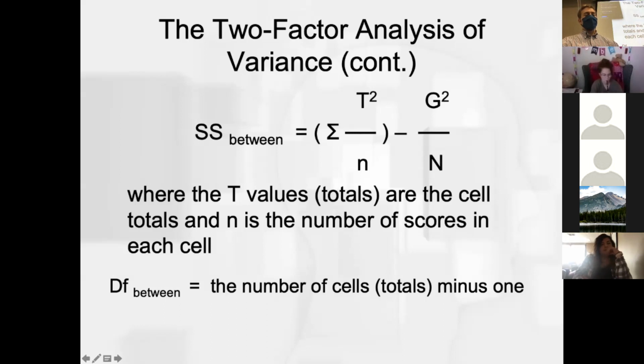And that degrees of freedom between is the number of cells, or the number of T's you have, minus 1. So in our heat and humidity condition, that would be 6 minus 1, or 5. Yeah, so it's between treatments.